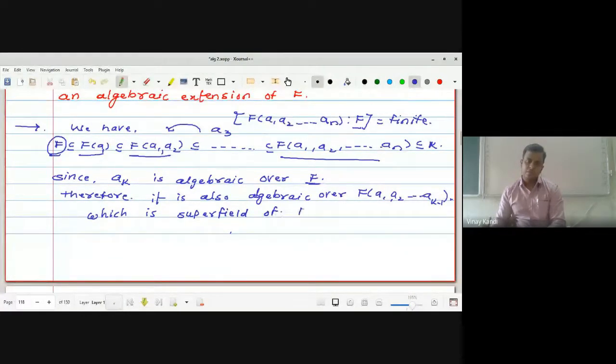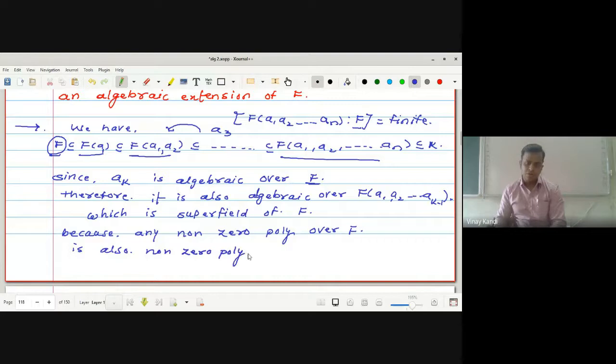Because any non-zero polynomial over F is also a non-zero polynomial over F of A1, A2, up to so on, AK minus 1.